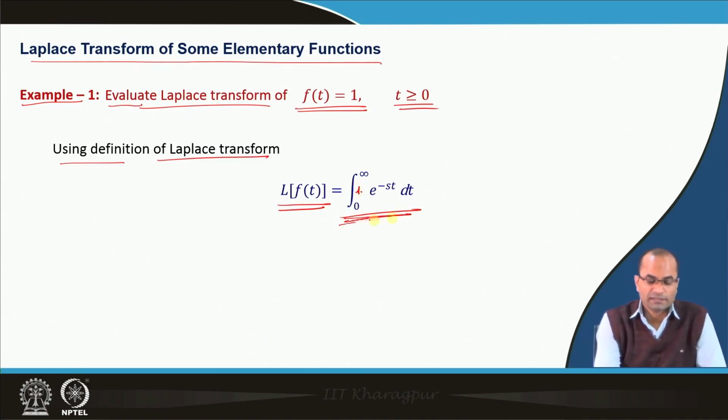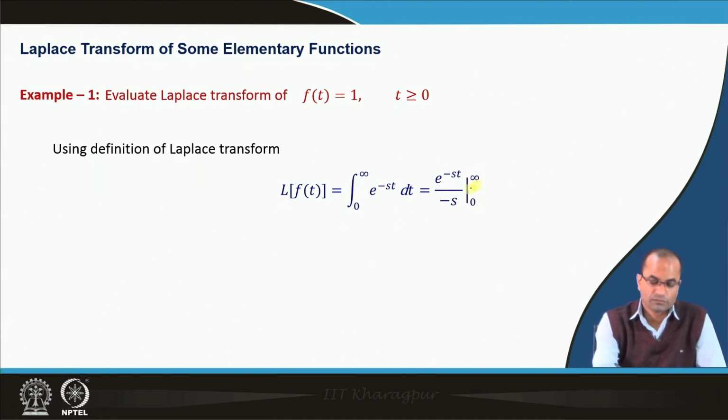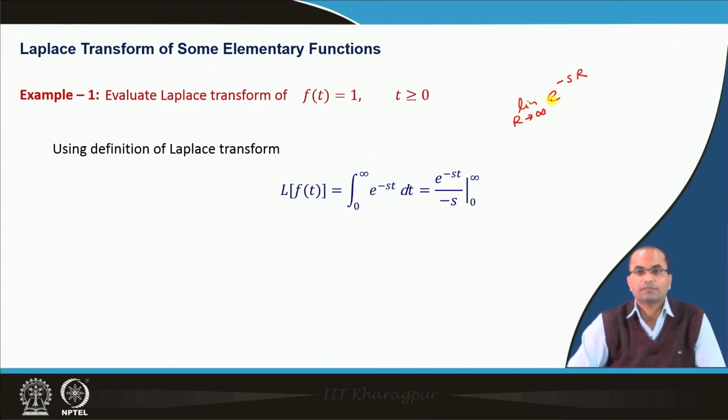Naturally this can easily be integrated, and we have e power minus s t over minus s, with the limit from 0 to infinity. Now the question is what will happen when we take infinity, that is, we are interested in e power minus s r as r goes to infinity.